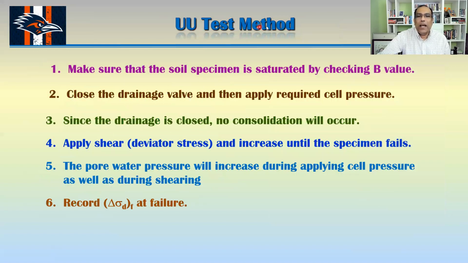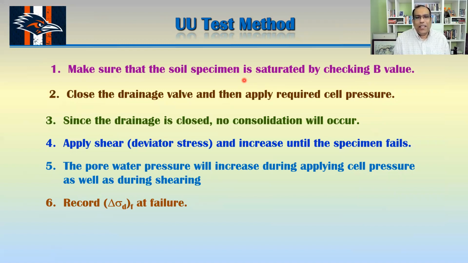Now, how do we do the UU test? First, make sure that the soil specimen is saturated by checking the B value. We can use the back pressure here and measure the pore water pressure, and make sure the change in pore water pressure with the change in confining pressure is very close to 1.